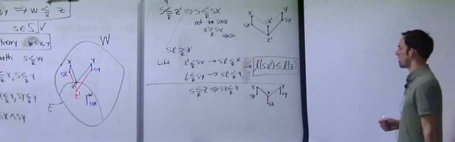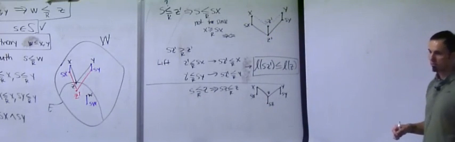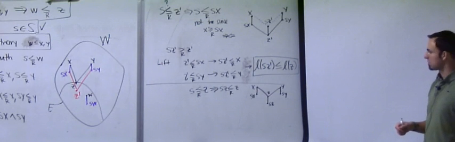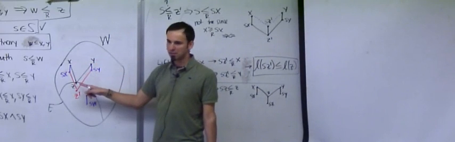Now, do I know that s is less than or equal to z? What do I know about s? S lives down here. S is less than x. S is less than y. Can I conclude that s is less than z?